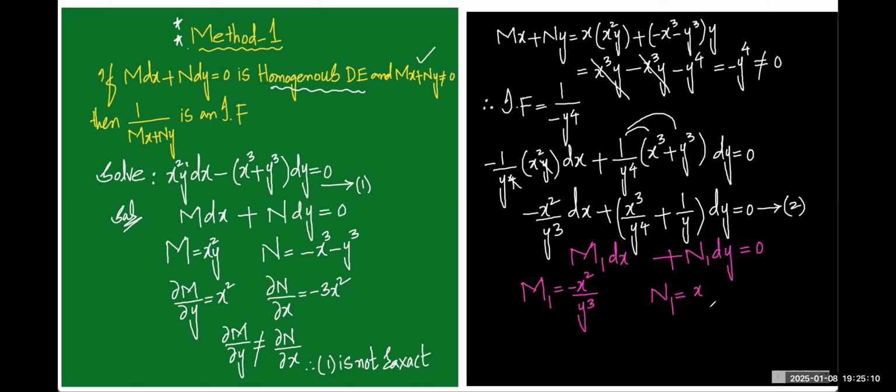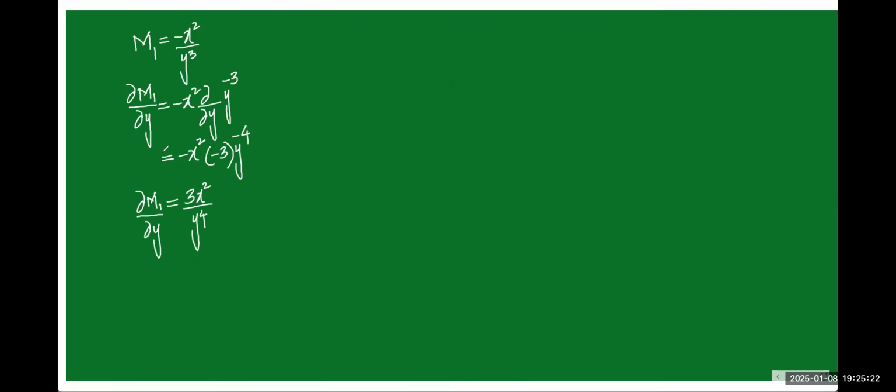x cube by y power 4, so 4 plus 1 by y, plus 1 by y. This value also we have to differentiate partially with respect to x. So N1 value is equal to x cube by y power 4 plus 1 by y.